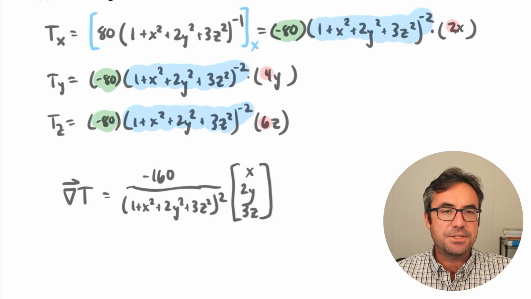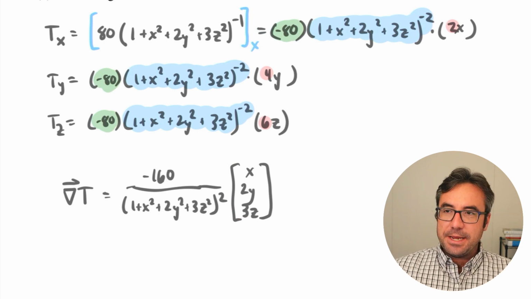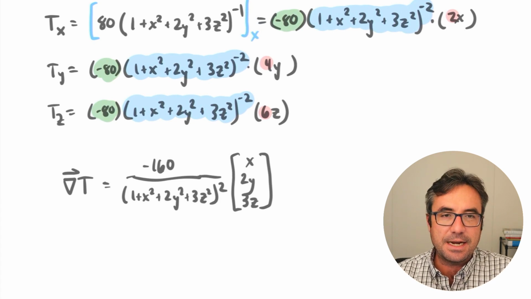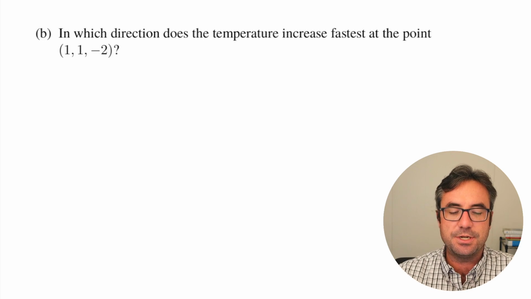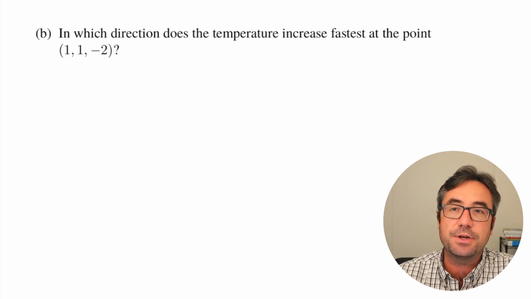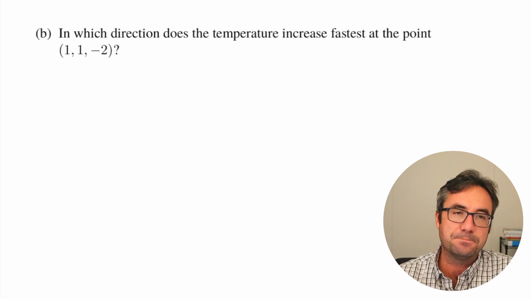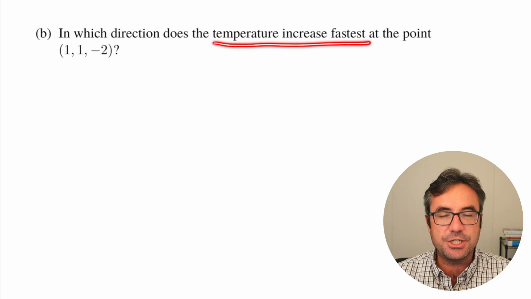All right, so for part B, we calculated the gradient. We got it all nice and factored and tidied up. But now for part B, we want to know in which direction this temperature function increases the fastest at the point (1, 1, negative 2). So we want to know where the temperature is changing the fastest.